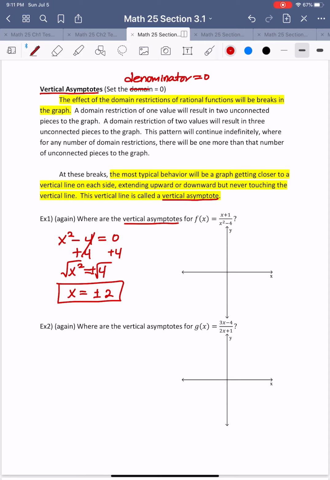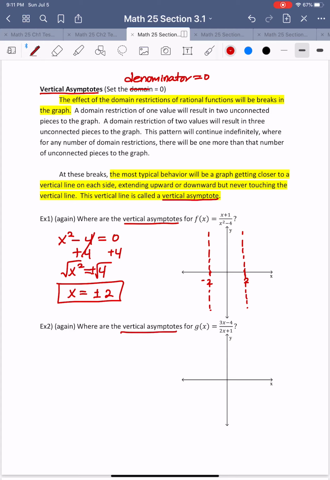The difference between the vertical asymptote and the domain is, the domain cannot be that number because it makes it undefined. But we are looking for the vertical asymptote, so it's okay to put x equals 2 and x equals negative 2. So one is a positive 2 here, one is a negative 2 here. For asymptotes, we always put dashed lines. So when you're graphing the rational function, it won't touch at 2 and negative 2 as x.